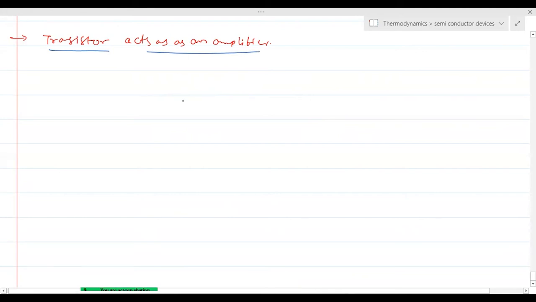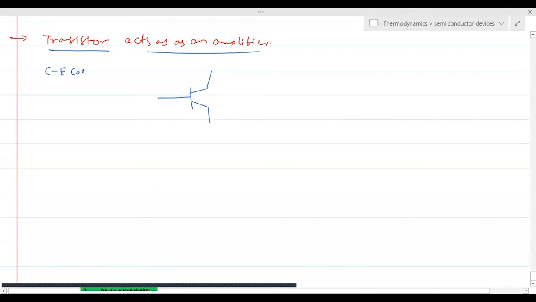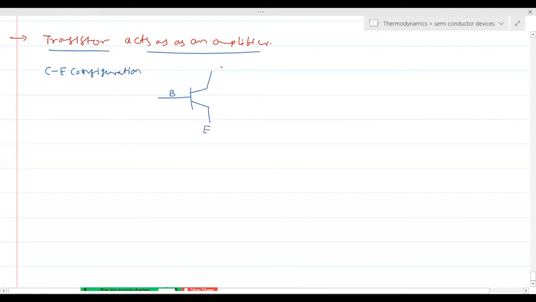Actually, this is a PN junction diode. First we are taking the CE configuration, the common emitter configuration. Common emitter means the emitter is common to both input and output.